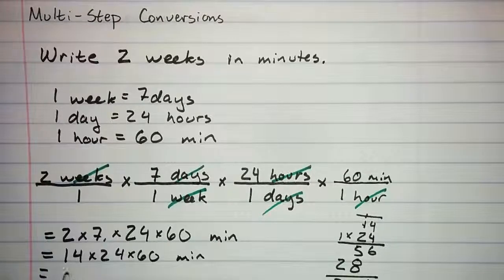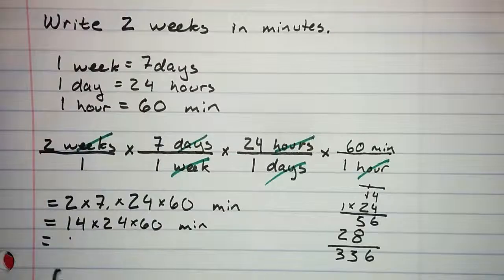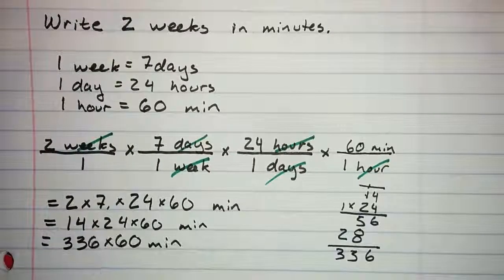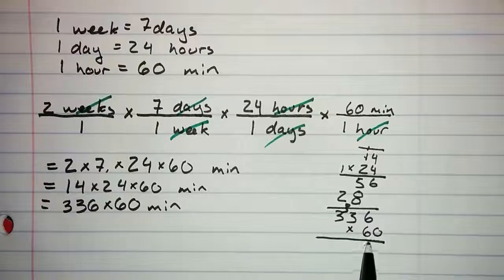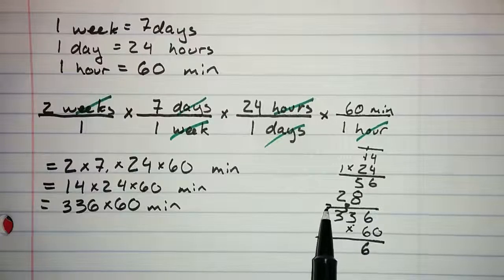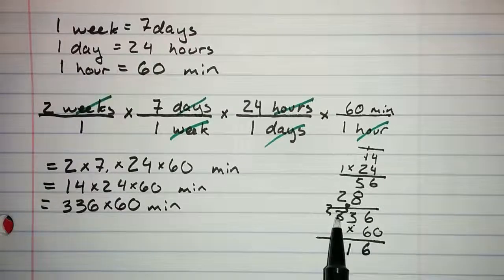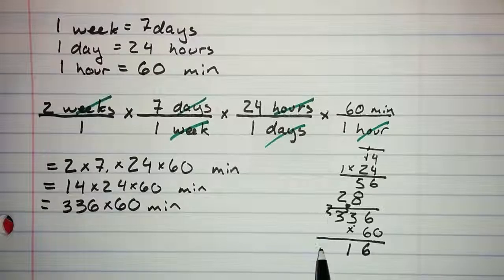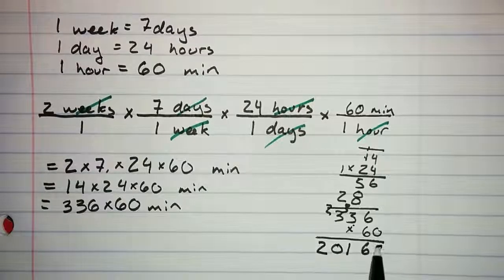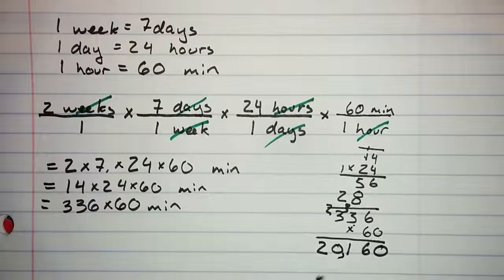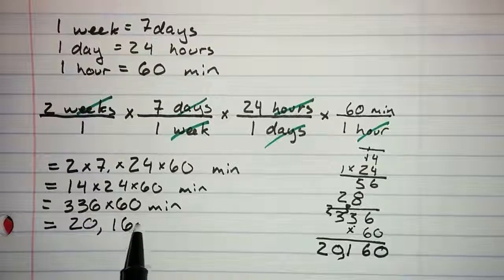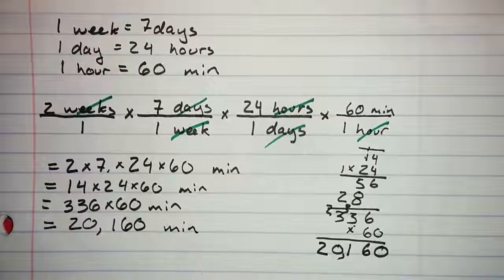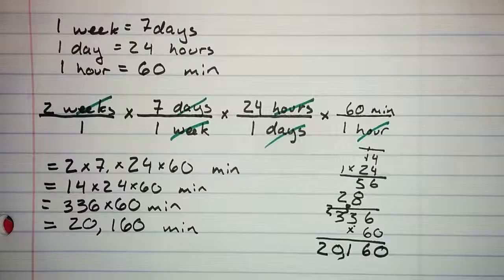So 14 times 24 is 336 times 60. 6 times 6 is 36. 6 times 3 is 18, 19, 20, 21. 6 times 3 is 18, 19, 20. And then the extra 0 at the end. So 2 weeks is 20,160 minutes.